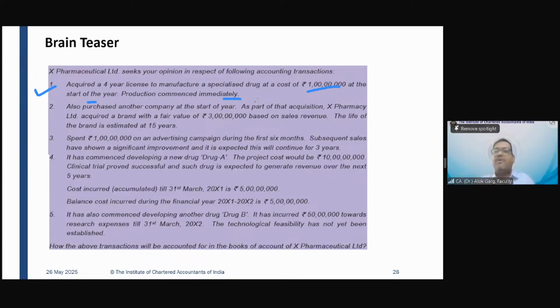So it has to be recorded at 1 crore rupees. Very good. Second transaction. X Pharmaceutical Limited also purchased another company at the start of the year. As part of that acquisition, it acquired a brand with a fair value of rupees 3 crore based on the sales revenue. The life of the brand is estimated at 15 years.